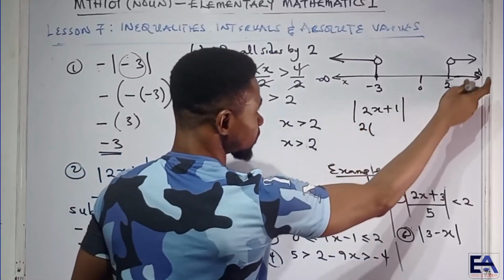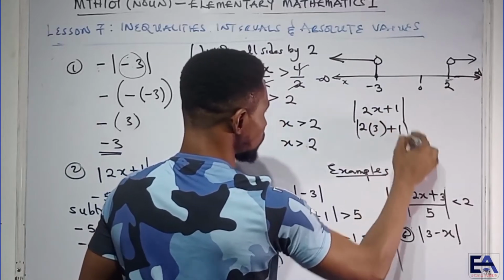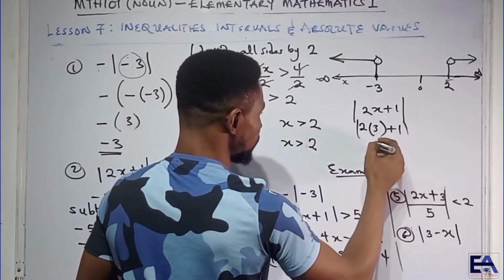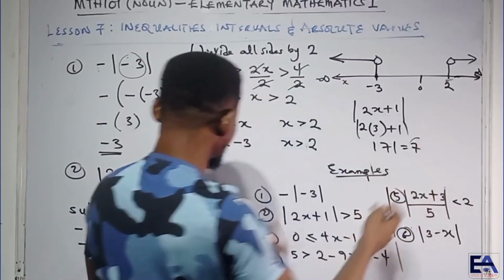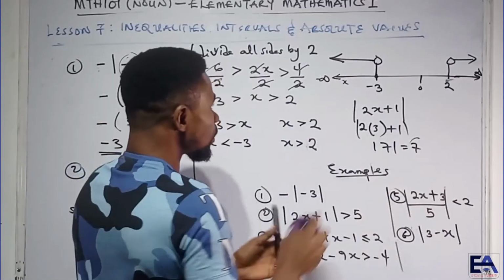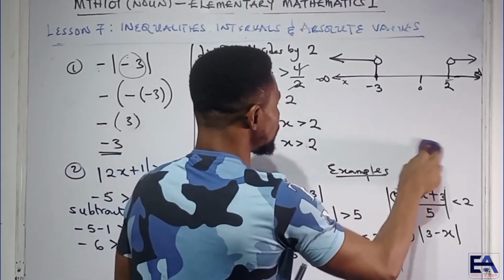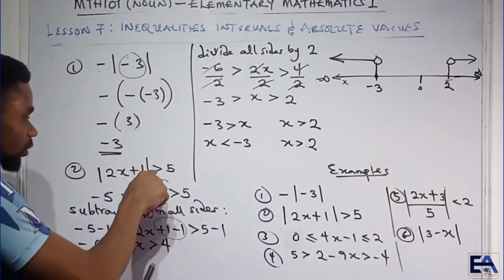So when x is maybe a number like 3, so you put it there, 2 times 3 is 6, 6 plus 1 is 7. Okay, absolute value of 7 is also equal to 7. Is 7 greater than 5? Yes, it is. Now, let's see whether if we choose any other value between this region, if it will give us a result that is truly greater than 5.